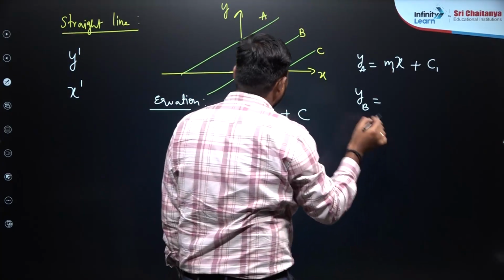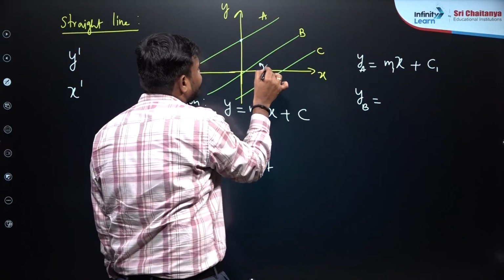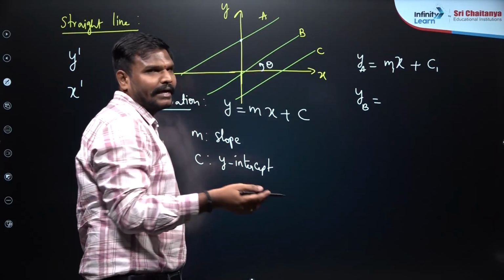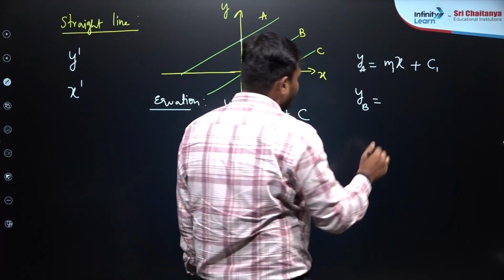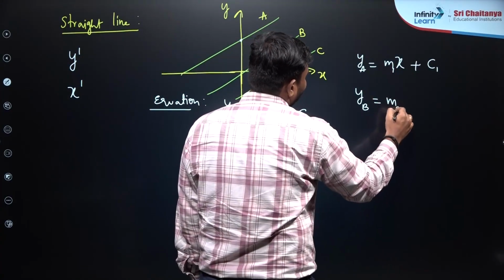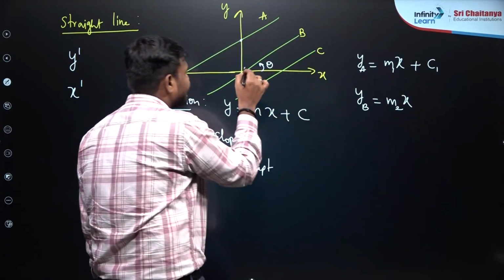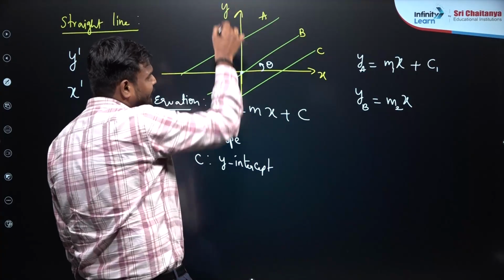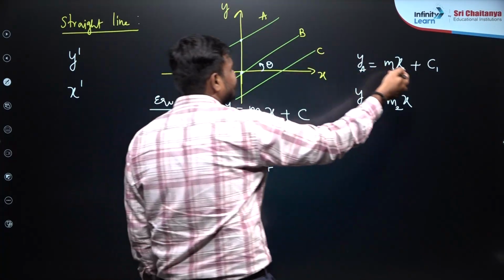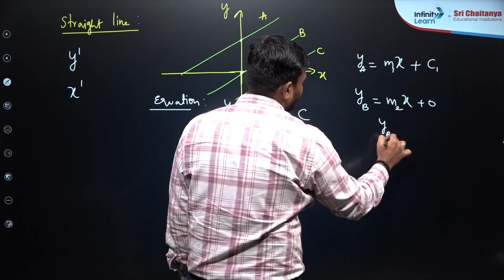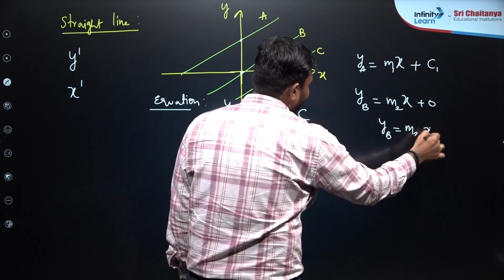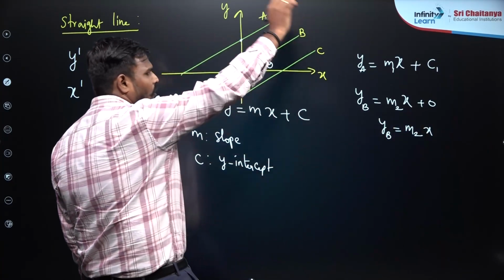So positive slope, or you can also say in anti-clockwise direction theta is an acute angle, so tan theta is positive. That is a theoretical answer. So it is m2 into x, and where it is cutting the y-axis at origin, so plus 0. So it will be y is equal to mx if it is passing through the origin.